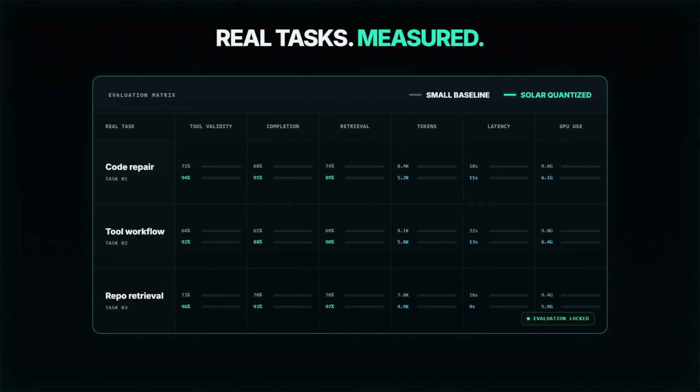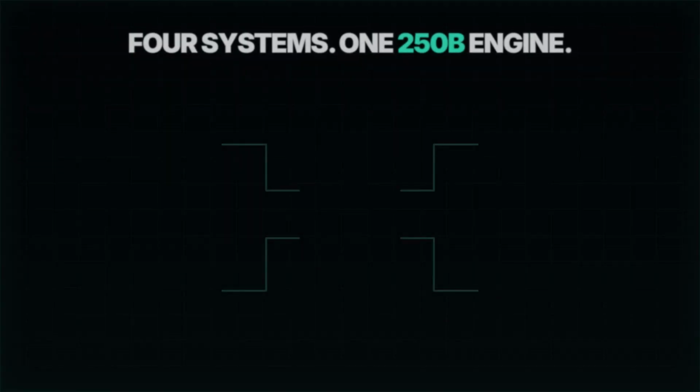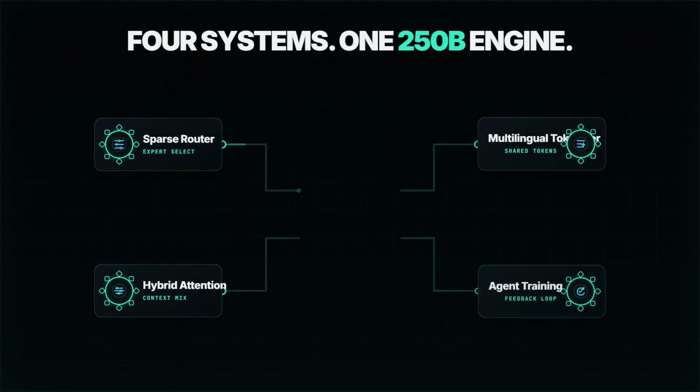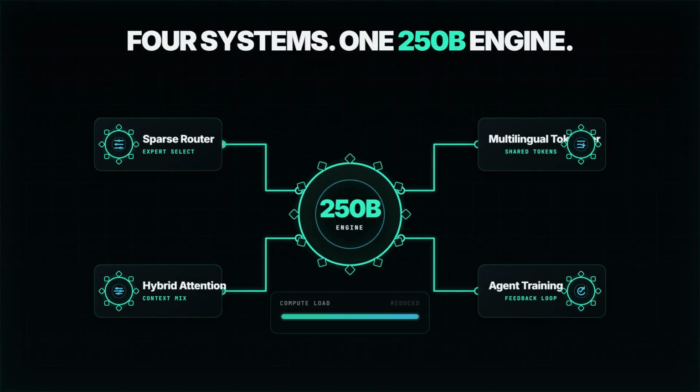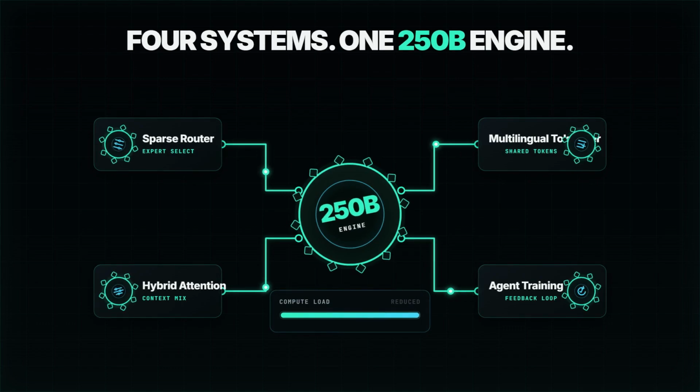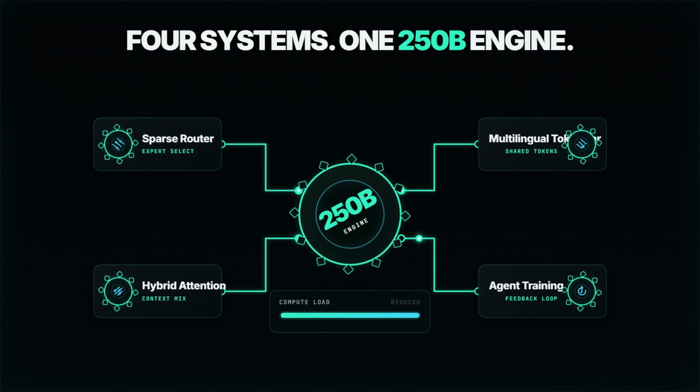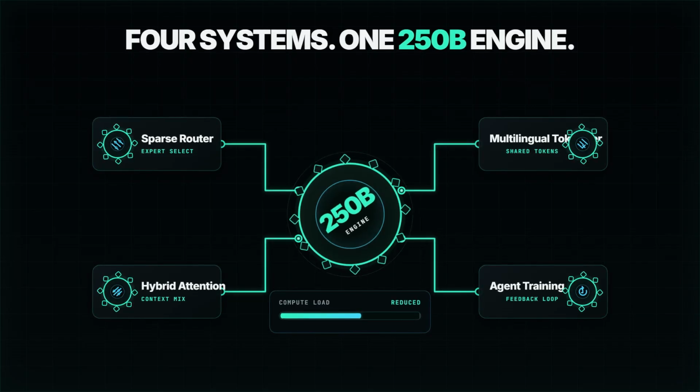Then, compare the quantized model against a strong, smaller baseline. The exciting part is not pretending 250B became 15B, it is coordinating sparse experts, hybrid attention, multilingual tokenization, and agent training to make a giant model less expensive to operate.